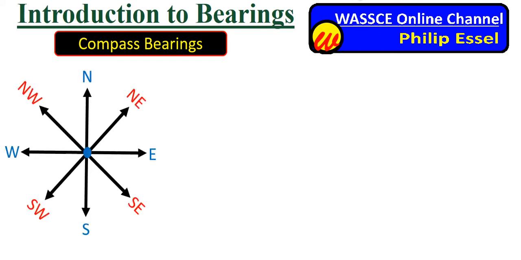This is our compass. This compass has the 4 main cardinal points: north, south, east, and west. As you can see from the screen, there are other points within the 4 main cardinal points.